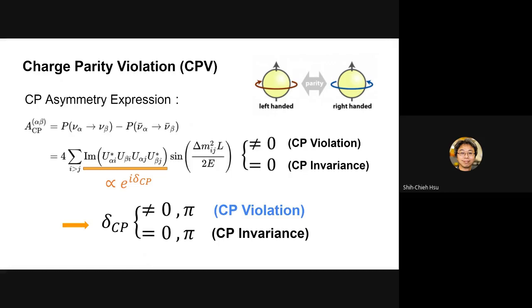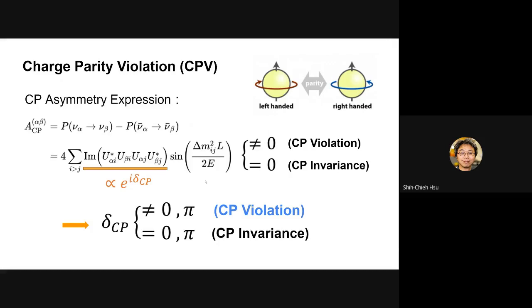How can we measure an imaginary number in nature? I think this equation is written in the CP phase. So it is just an expression to show whether our system has CP violation or not. But in fact, we are measuring the probability, I think.